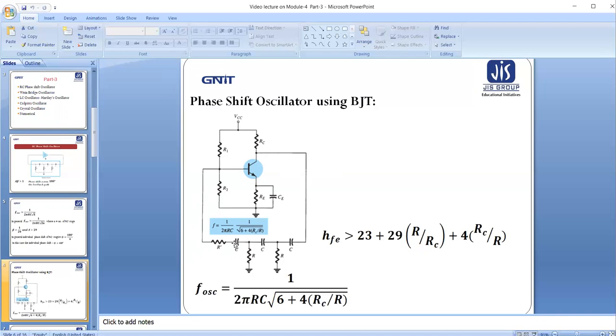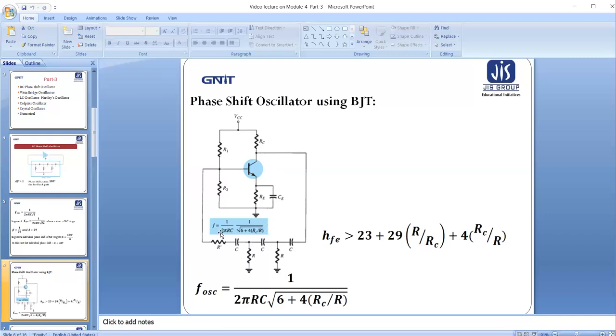Then after this C, it will again produce another 60 degrees. So the total phase shift will be 180 degrees. As we know, it is a common emitter amplifier, so the output will always be 180 degrees phase shifted from the input. So this signal has 180 degrees and that signal is 180 degrees, therefore the two signals will be of equal phase.